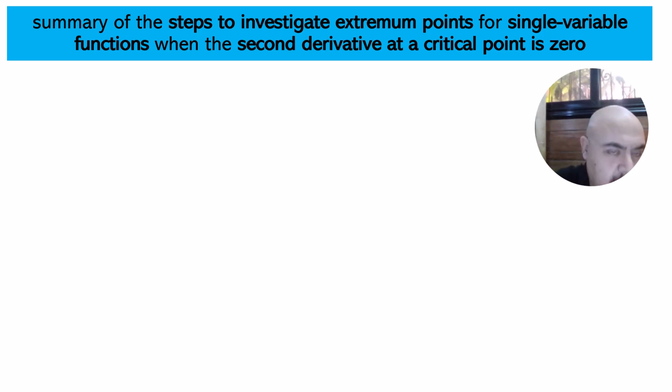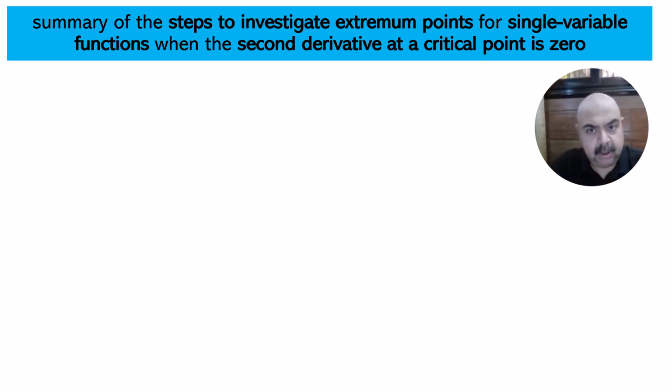Okay, let's follow up. I want to summarize the major problem that faces us when we come to the point where the second derivative is equal to zero. This point is really very critical and very important. We are in the part where we are seeking an optimal value for a function, and we already differentiated the function for the first order derivative.